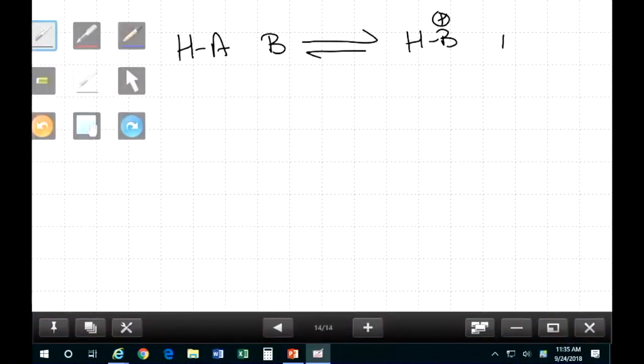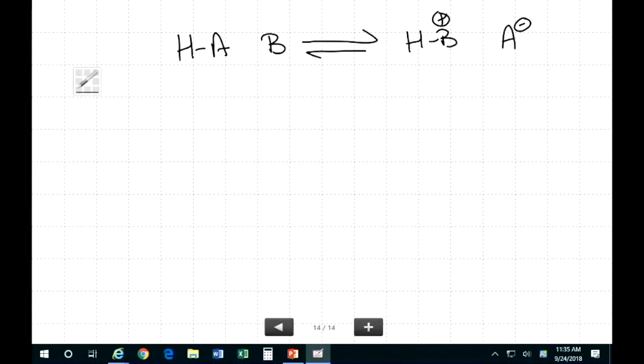And then we have our conjugate base. And the way these reactions work is that, right, you always go to make the least acidic compound possible.